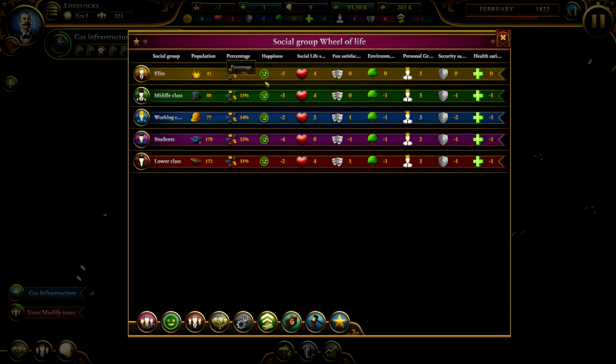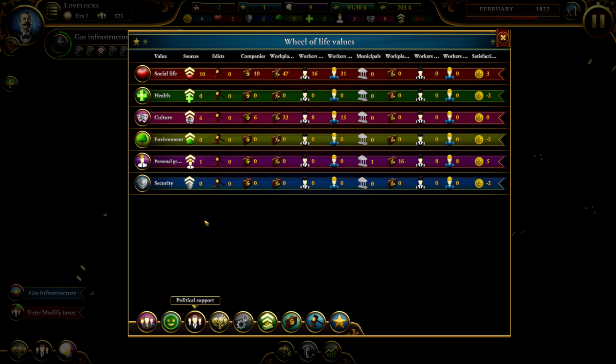Interesting. So different happiness levels for different classes. Different Wheel of Life attributes, I guess, by class here. Other social groups, happiness. Just taking a look at this. Average satisfaction, workers in the service, workplace and services.